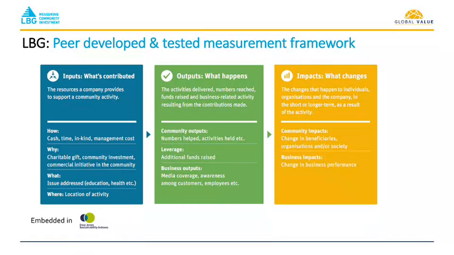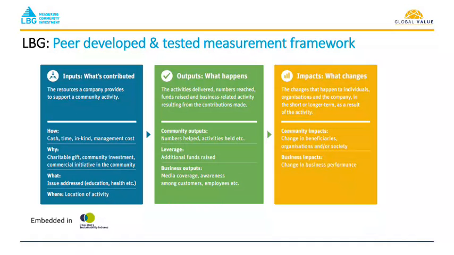Well, yeah, the LBG framework doesn't have a finite list. It doesn't say this is the only sort of activity that counts. What we found is it's a broad-based framework that can apply to pretty much any activity that a company is supporting in the community. The key thing is that the activities are broadly recognized as delivering public benefit.